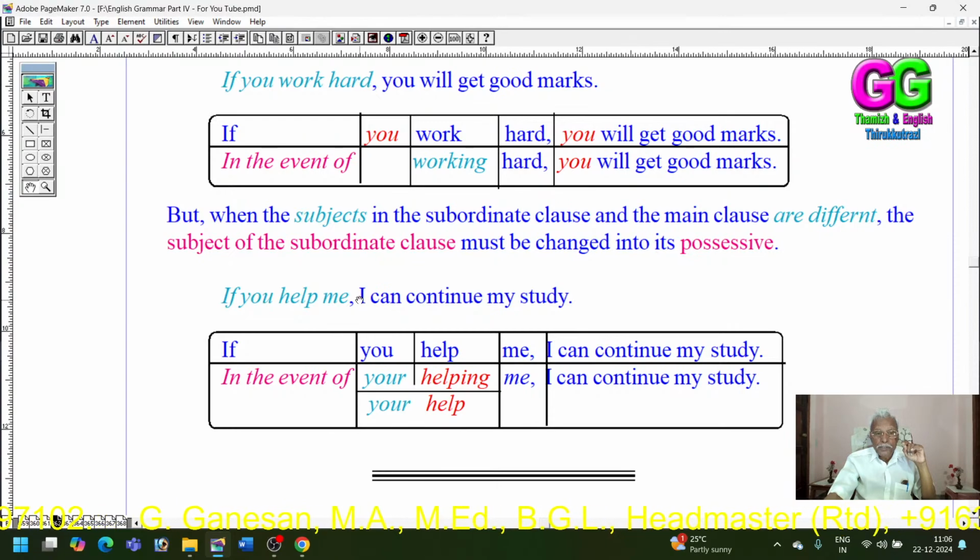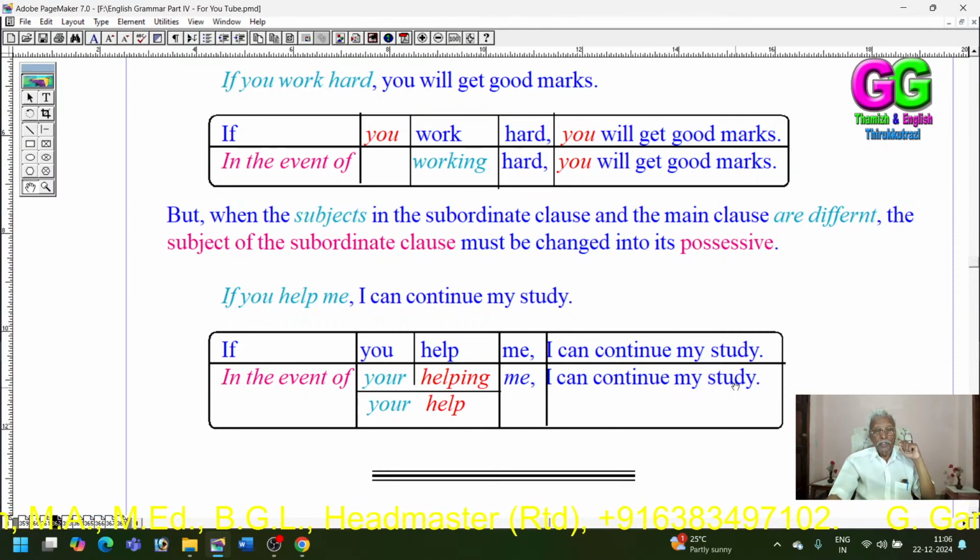In the main class, the subject is I. Both are different. So this you, the subject of the subordinate class, should be changed into its possessive. You see, you are helping: you possessive, your, help present participle, helping. Then other parts should be kept as they are.